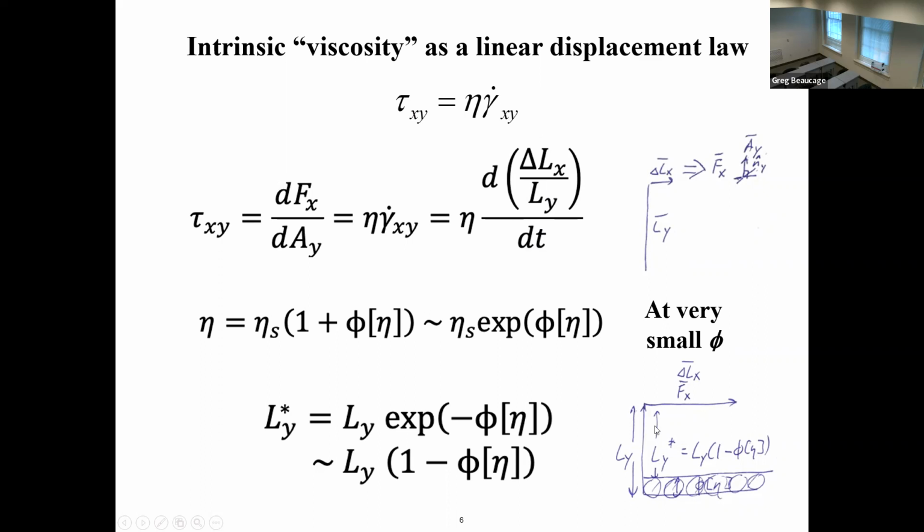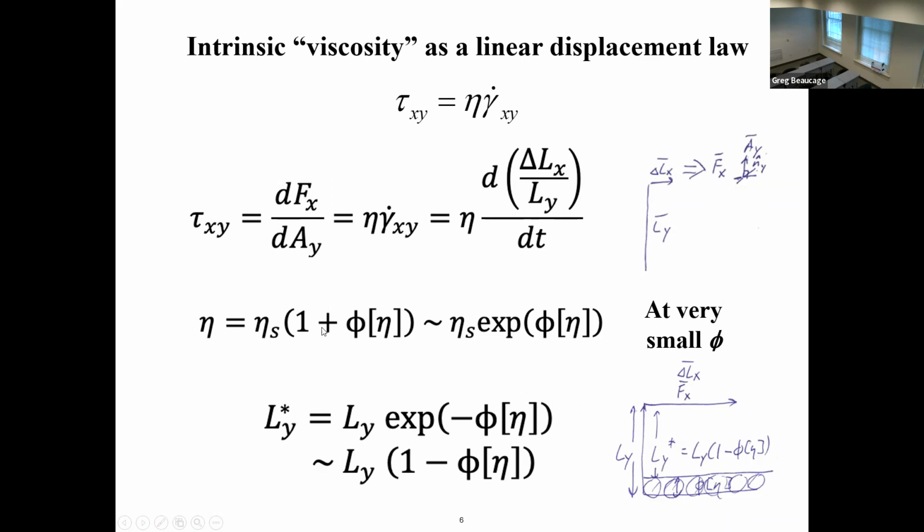The total Ly gets smaller by a function like this as you add stuff: the concentration times 2.5, and then 1 minus that, so this L star gets smaller the bigger the concentration. So it's just displacing the fluid. Your strain rate effectively increases, because it's a ratio: delta Lx over Ly, Ly gets smaller, the strain gets bigger, right? So how do you get that from this?